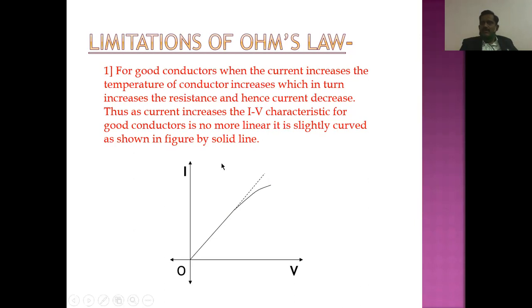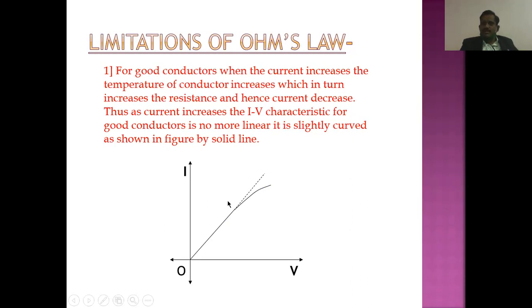Means when good conductors carry more current, then the temperature of that conductor also increases, and due to this increase in temperature, the vibrations of the atoms also increase. We know that the resistance of the wire also increases. So this is the limitation. Means at higher temperature, Ohm's law is not obeyed.